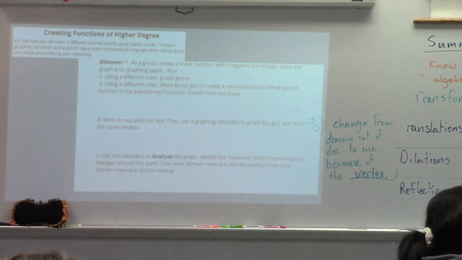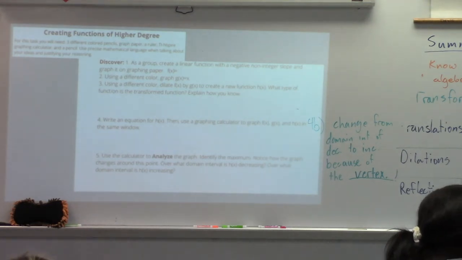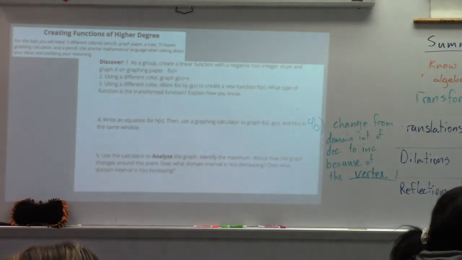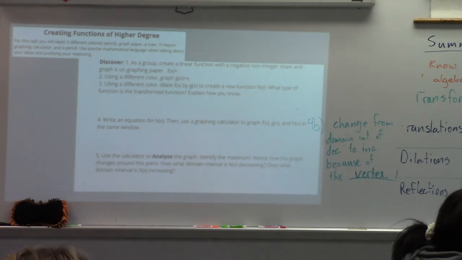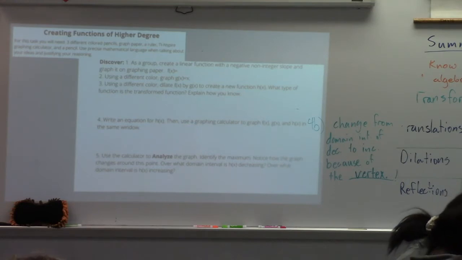As a group, create a linear function. So we're doing 1.5, or like 9.5. You want it to be negative and you want it to be non-integer.